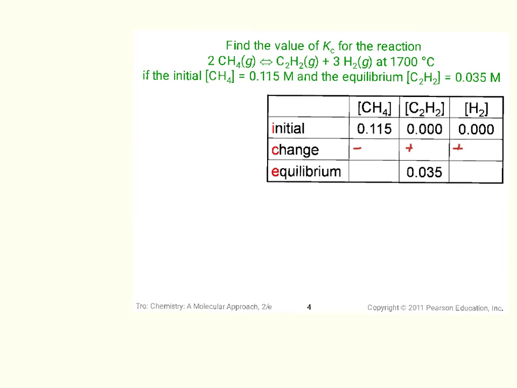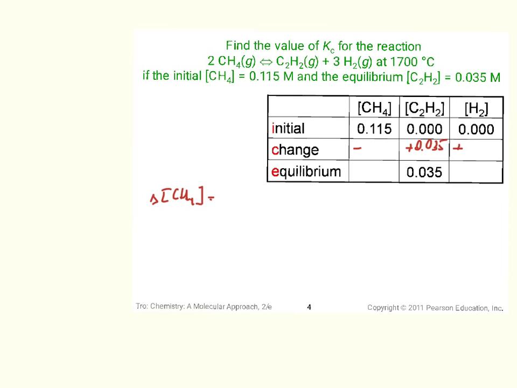Now let us deal with numbers. The change in concentration of methane is proportional to the change in concentration of acetylene, and as the initial concentration of acetylene was 0 and the equilibrium is known as 0.035, the change is the same, 0.035.